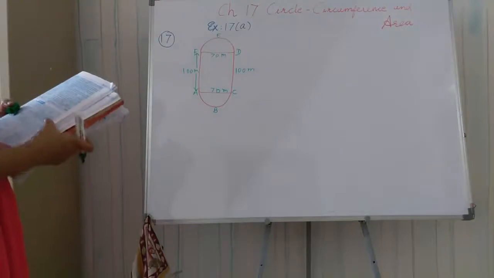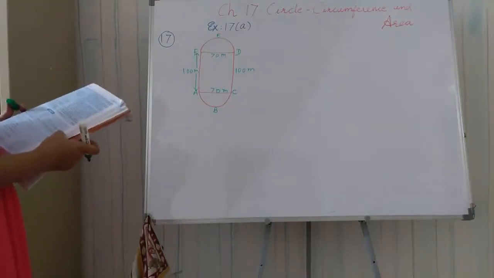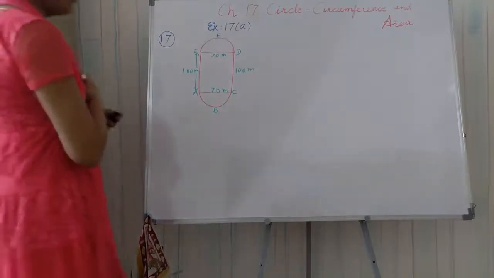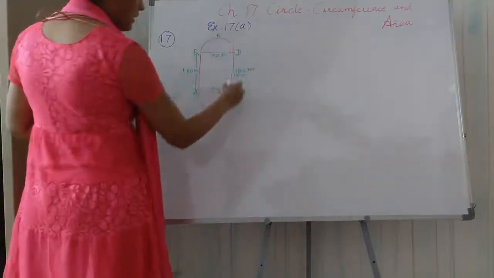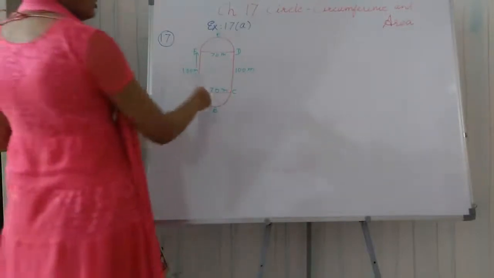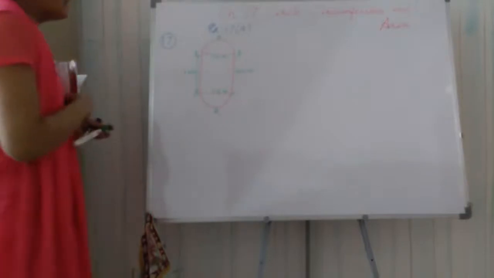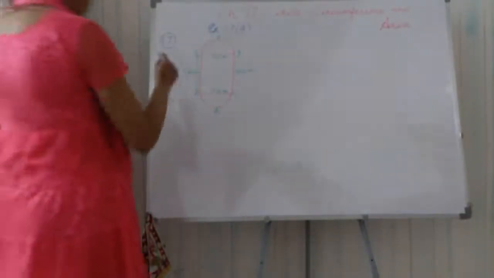Now in the question you are asked how much will an athlete run in taking one complete round of the track. This is the track given. So we have to find the perimeter or the full track distance, how much distance it takes. So we have to find the whole circumference, you can say.